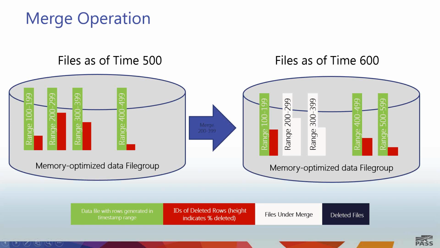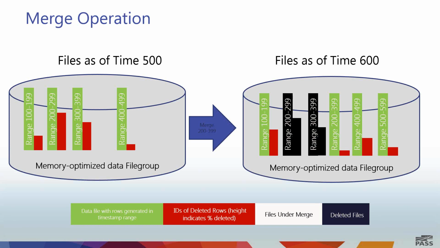You will see here also that it has a new transaction range of 200 to 400. You can also see here that the delta file is not completely empty. There are already some deleted rows in there, and these are the rows that were deleted while this merge was ongoing. That is how we allow for concurrent deletes while merge is happening. And then in the end, the files that were under merge get phased out of the system, and eventually they will be removed from disk.